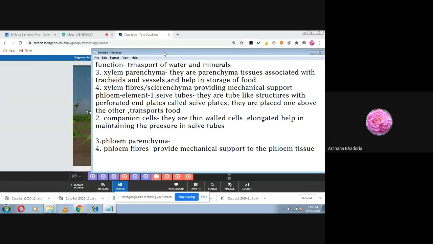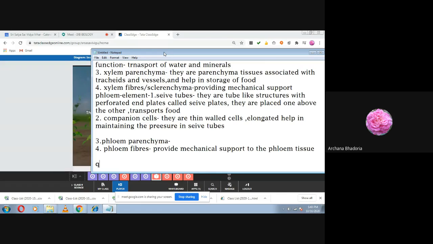The complex permanent tissues related question, only one I have given, that is: name the elements of xylem. But I never gave that. So write down.